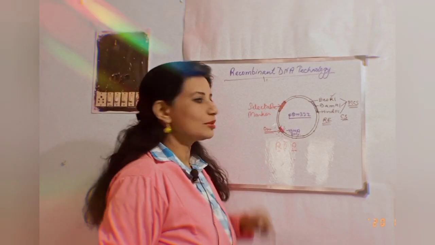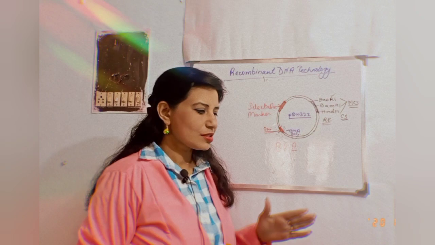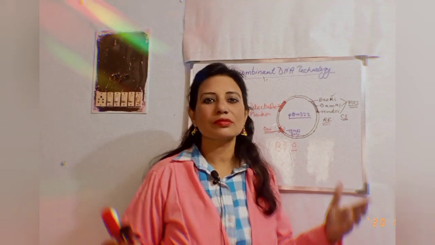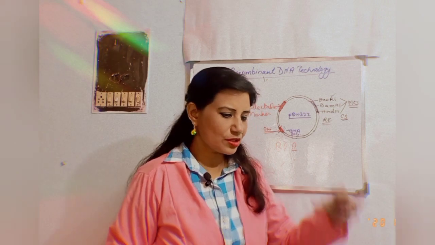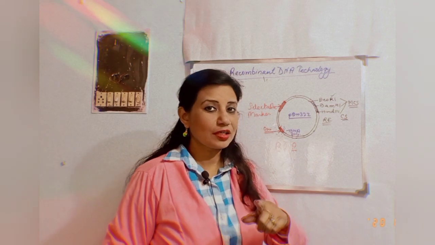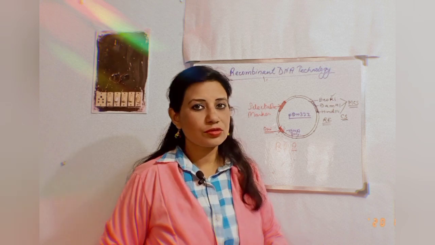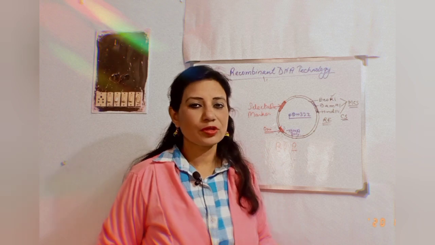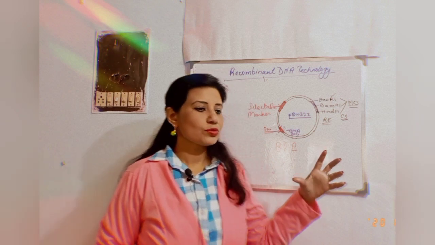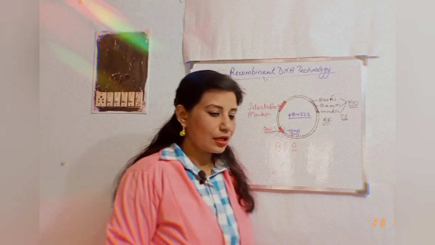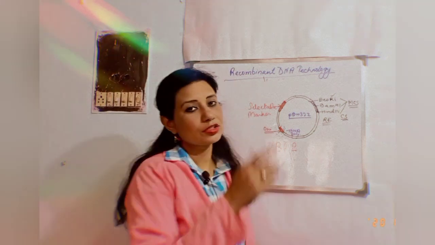Suppose I say that I have a region where there is a mixture of my target gene. I have cleaved, remember, I have cleaved my vector also, that is the plasmid. Here in this case I am talking about the bacterial plasmids. So the plasmids have been cleaved already, and I have cleaved the target gene also.